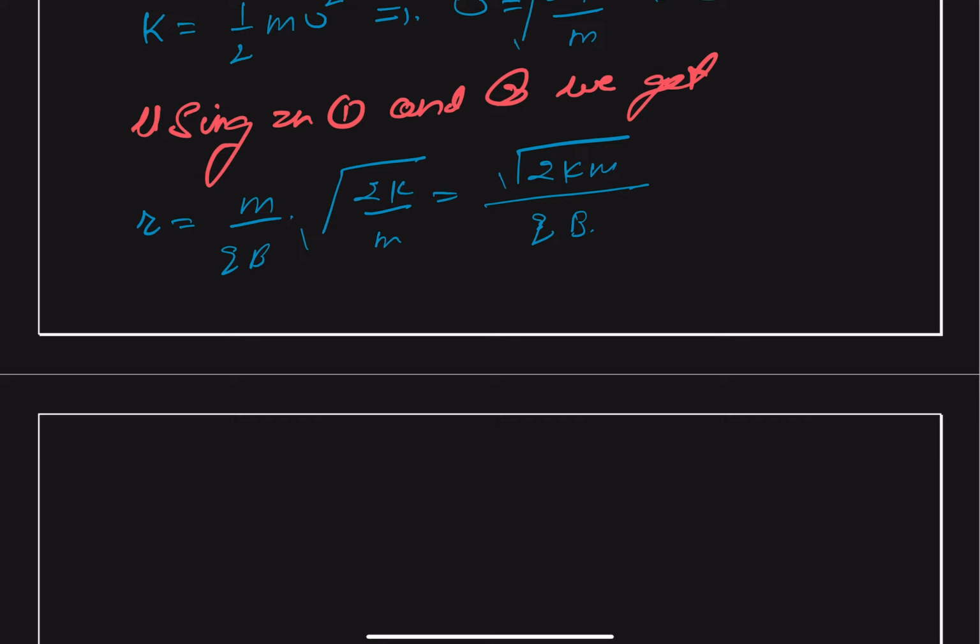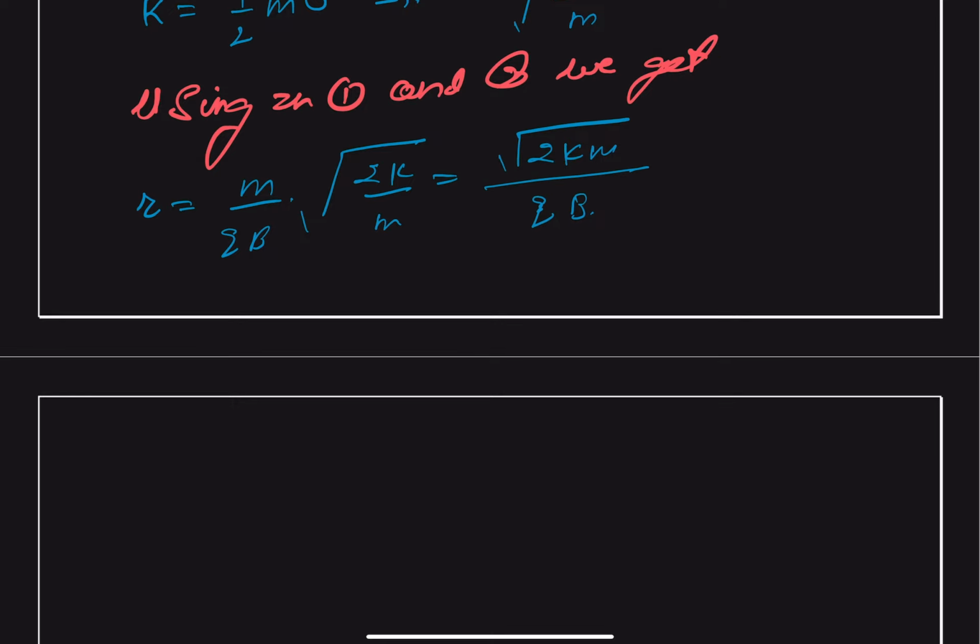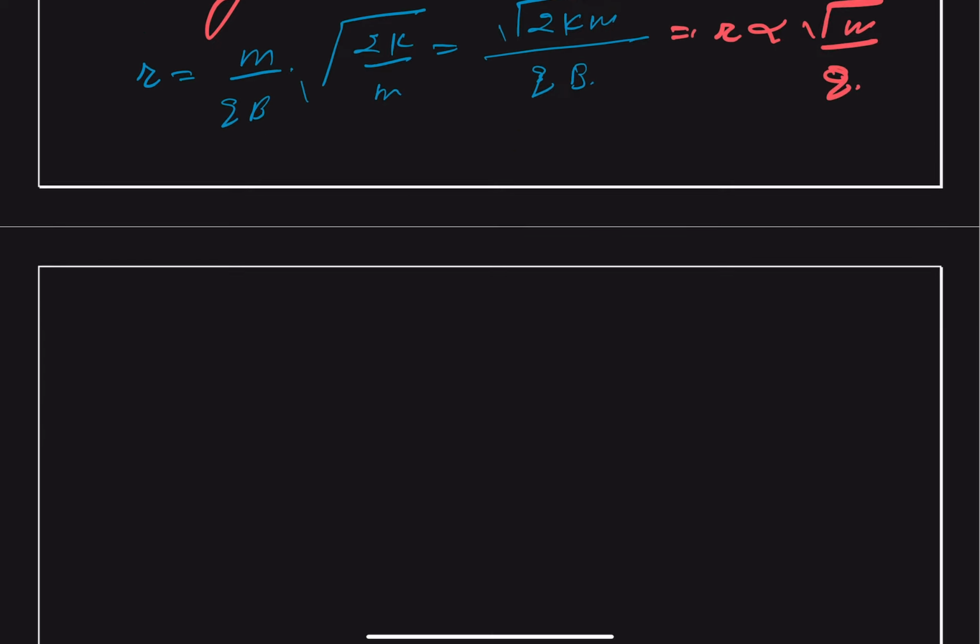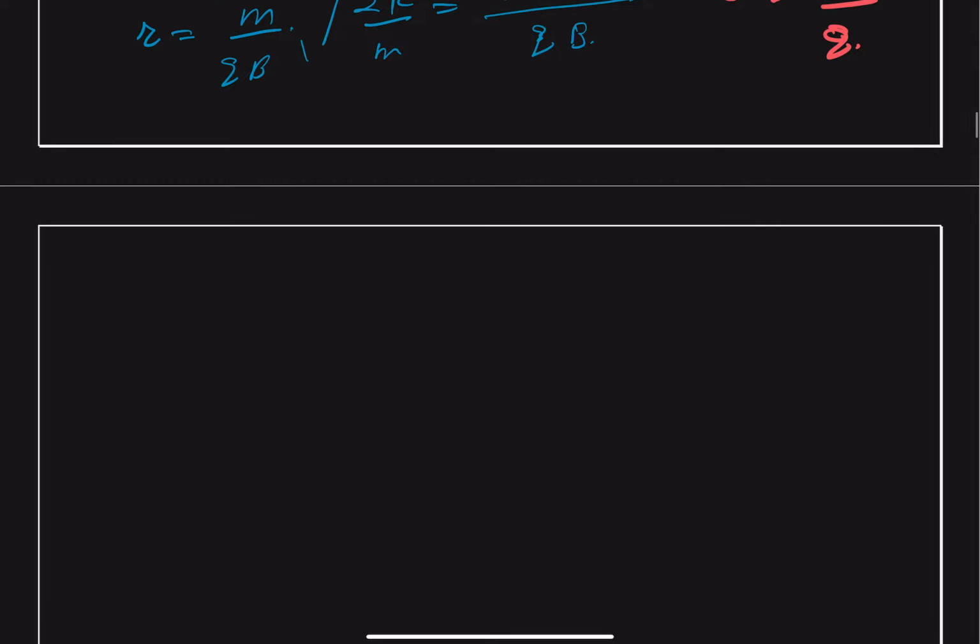So from here it is quite obvious that our radius is proportional to the square root of mass divided by charge. So we can just prepare a table and check for all. First is our particle, then we have mass m, we have charge q, and we have the equation that radius is directly proportional to square root of m and inversely proportional to q.